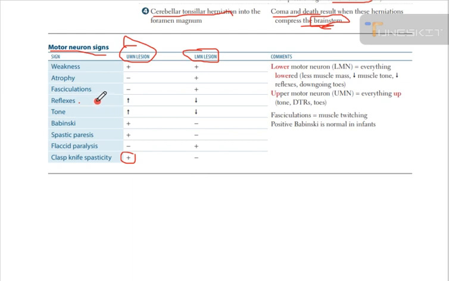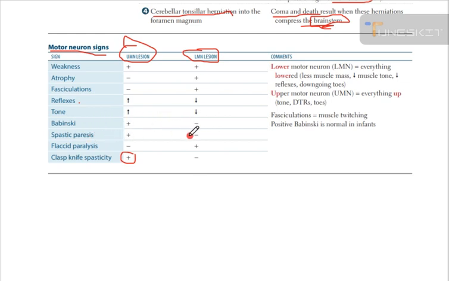You can grade a reflex by its intensity, and as lower motor neuron lesions have everything lower, there is lower intensity of reflex. Tone is decreased. Babinski's sign is negative.